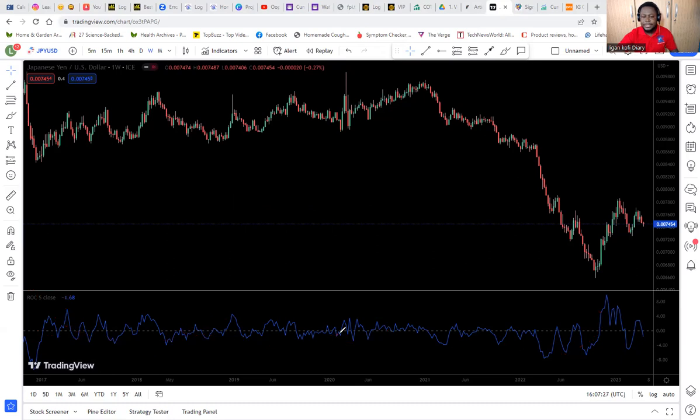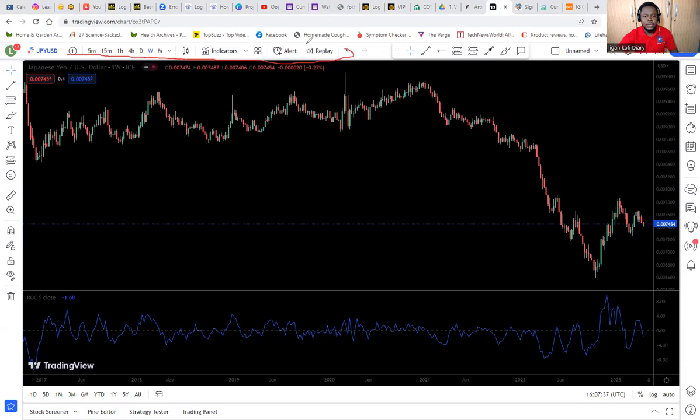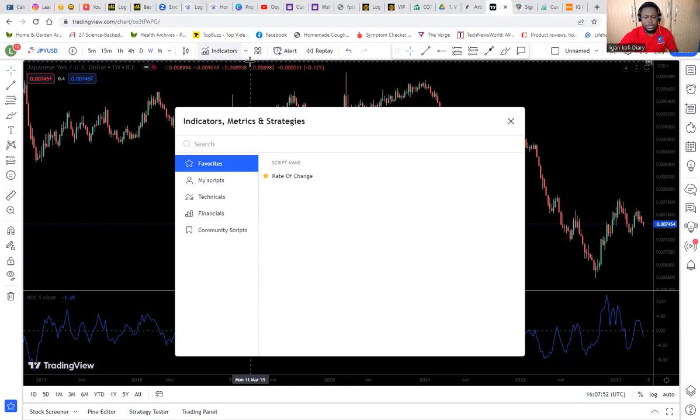So how do you get it? You go to your indicators. Let me close this and show you where it is. At the top here, you come to this area, you see indicators over here. You click on it, and then you search for rate of change.